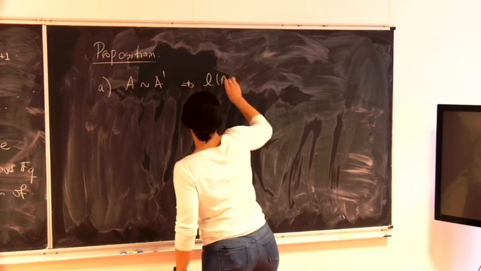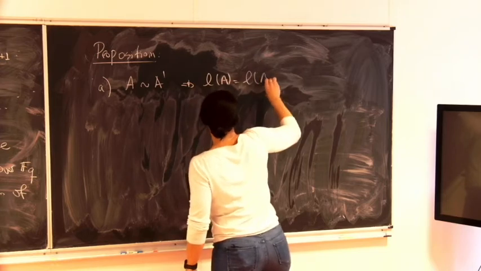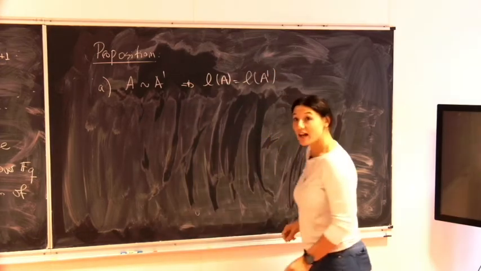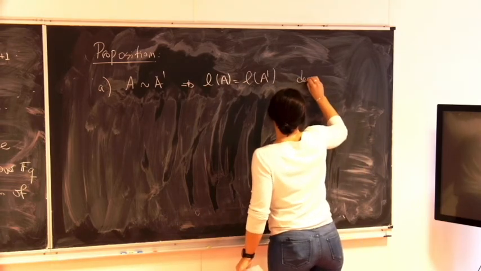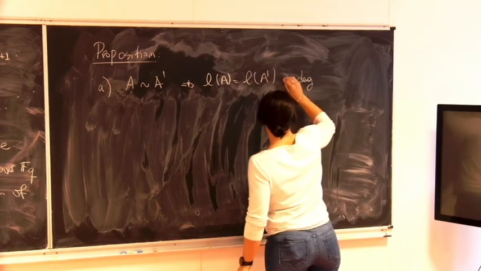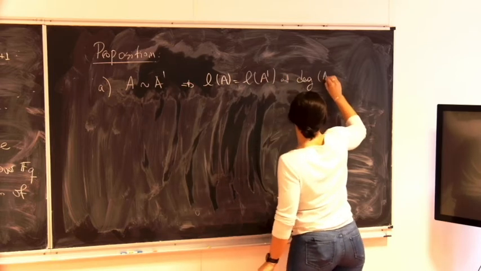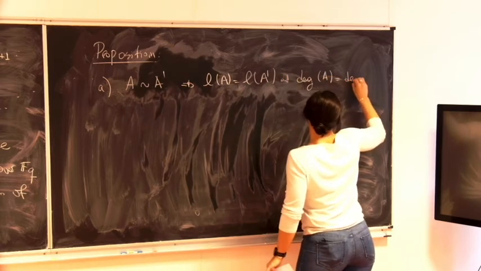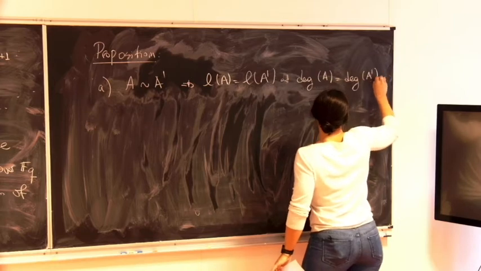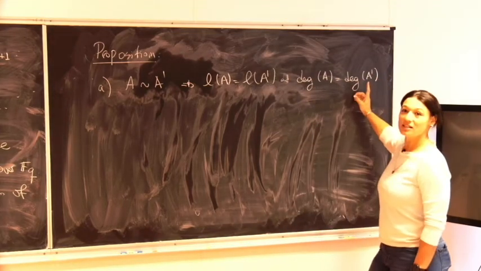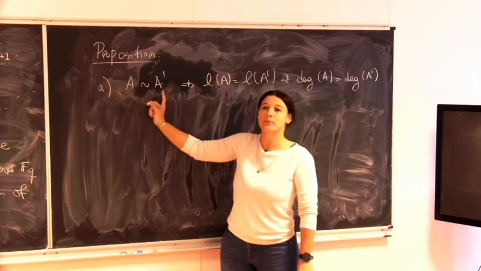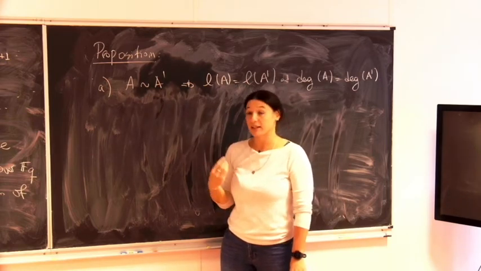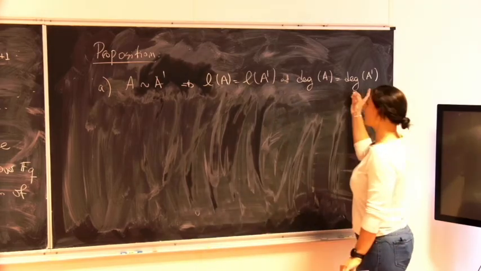So two equivalent divisors have the same dimension, l of A equals l of A prime, and the degree of A is equal to the degree of A prime. And this is just because if they are equivalent, then they differ by a principal divisor, and the degree of a principal divisor is 0, so both of them have the same degree.